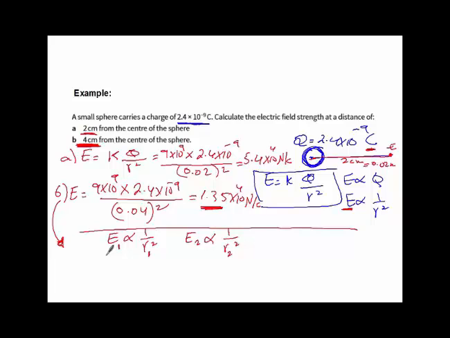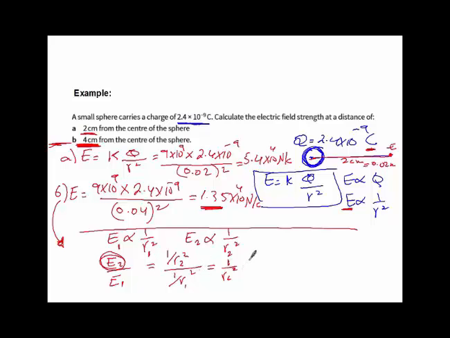If we divide E2 by E1, where we calculate our E2 in this case, it should be 1 over R2 squared divided by 1 over R1 squared.